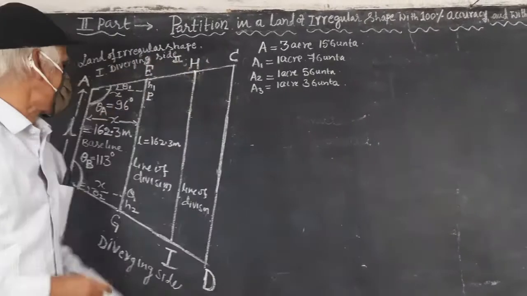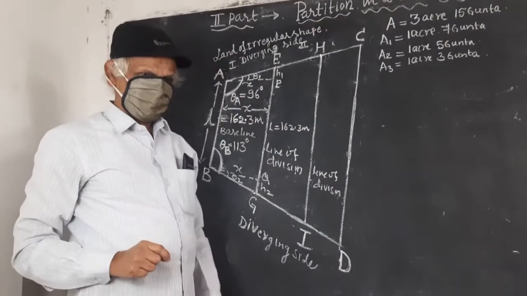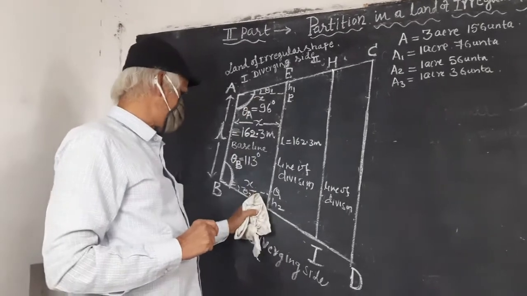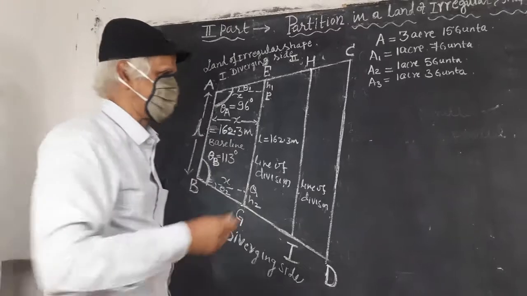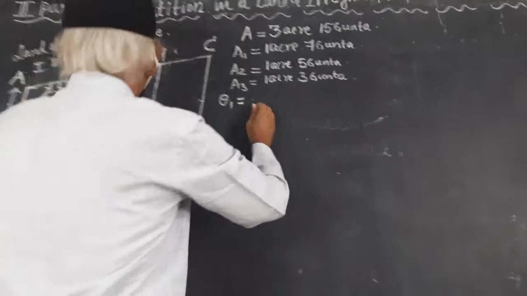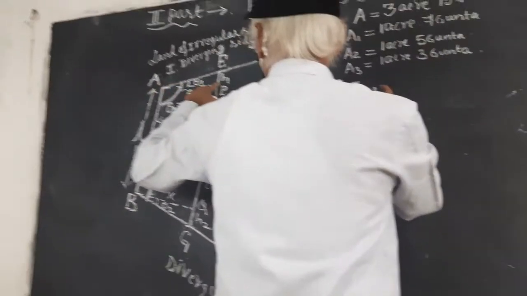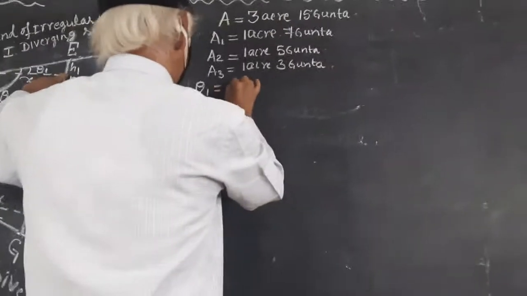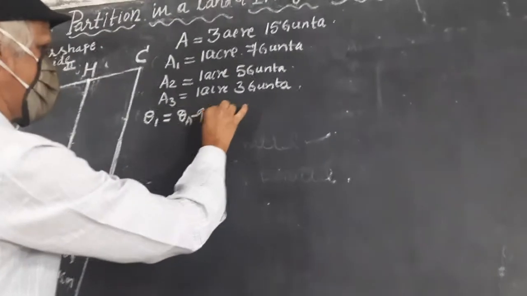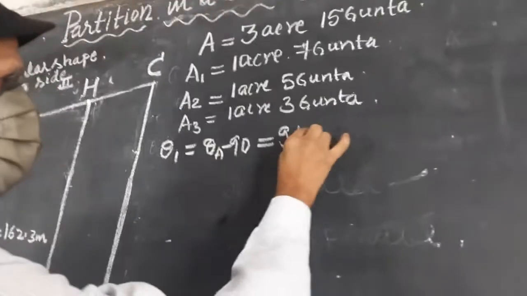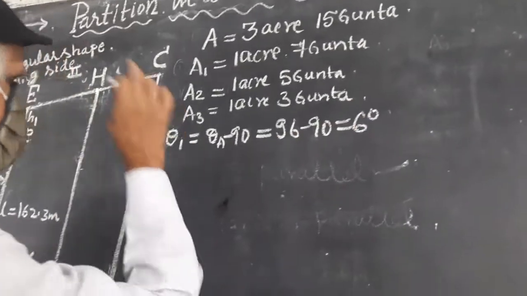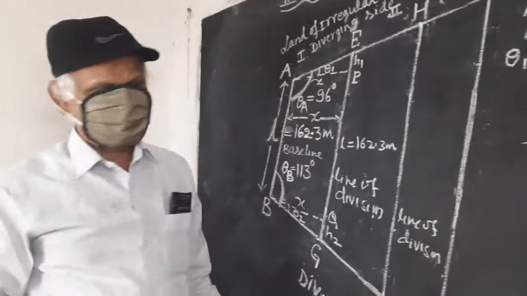Before finding the x, it is necessary to find theta 1 and theta 2 first. So, theta 1, here, since AP is a perpendicular, this is theta A minus 90 degree, that is equal to 96 minus 90, that is equal to 6 degree. That is theta 1 is 6 degree.